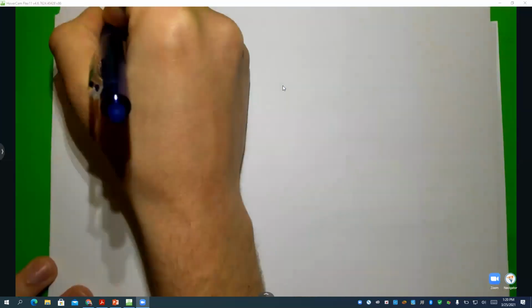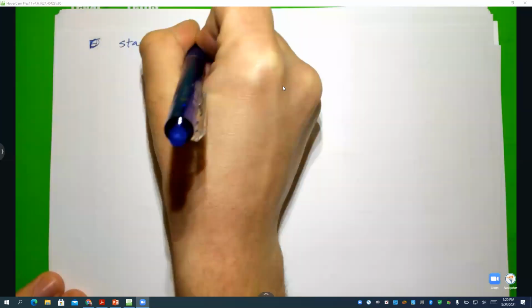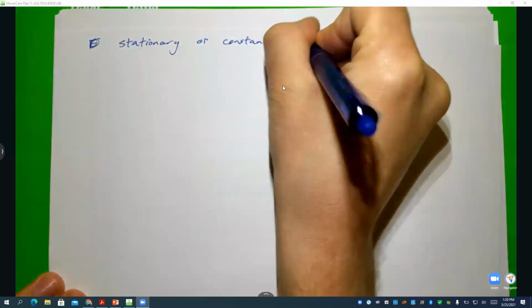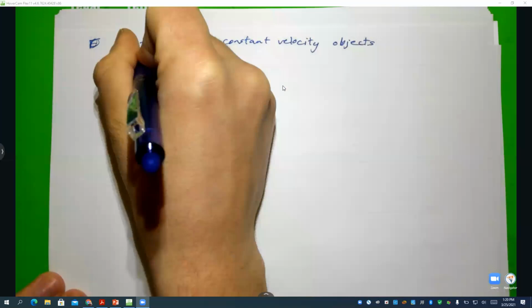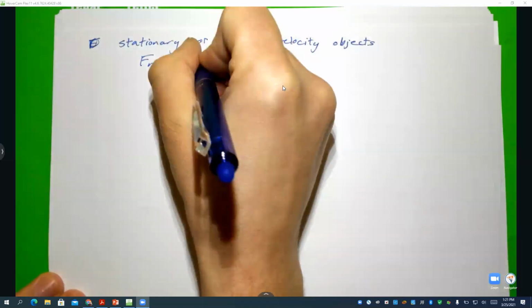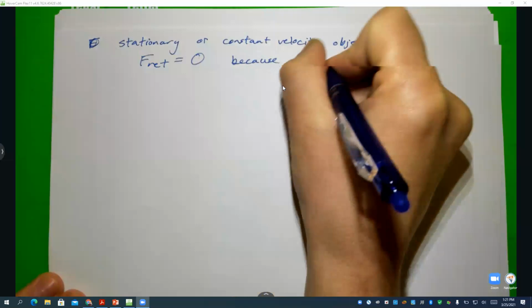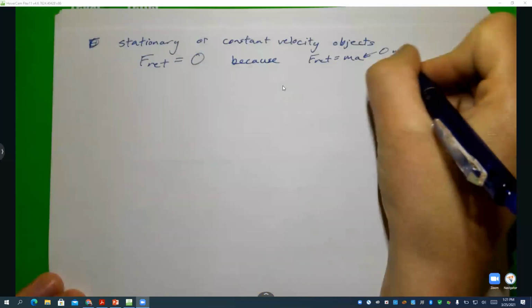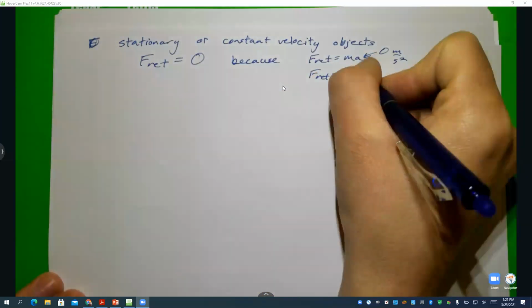If an object is stationary or constant velocity, then F net is going to equal 0, because F net equals ma, and if this is 0 meters per second squared, then F net equals 0 newtons.